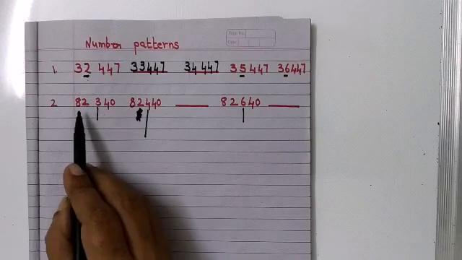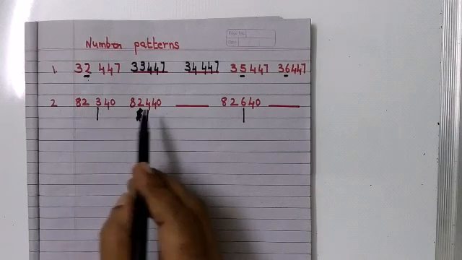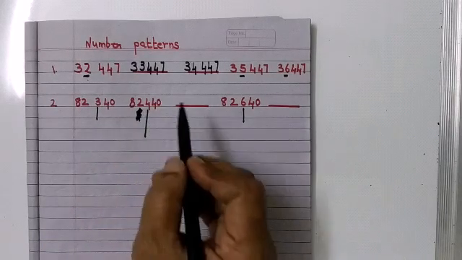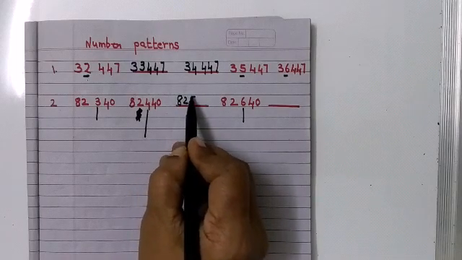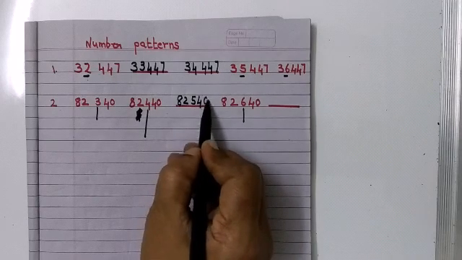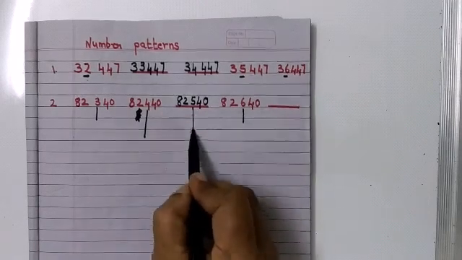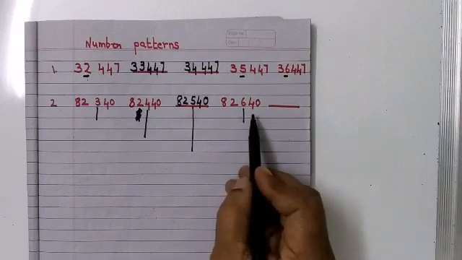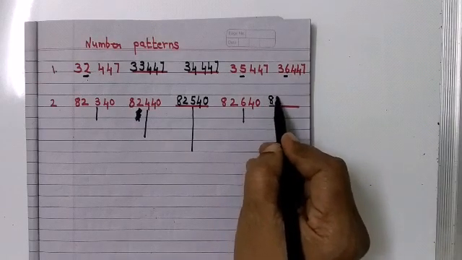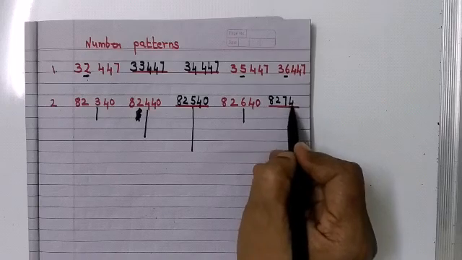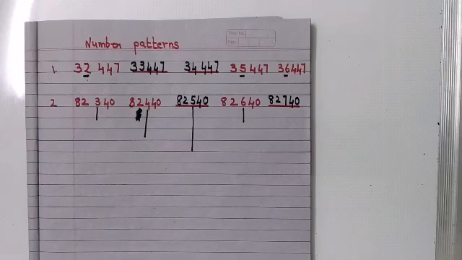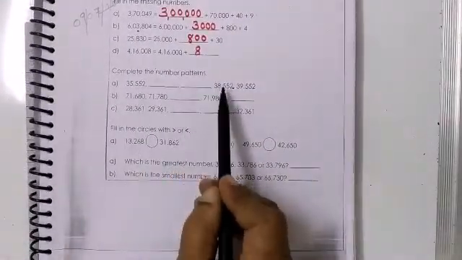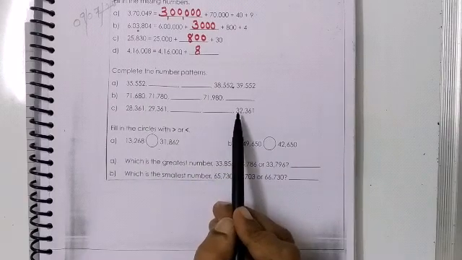So now this will be what, children? 82,340, 82,440 and this will be 82,540. And finally over here it will be 82,740. Are you getting it? The change is in the hundreds place. So you will complete this number pattern over here.